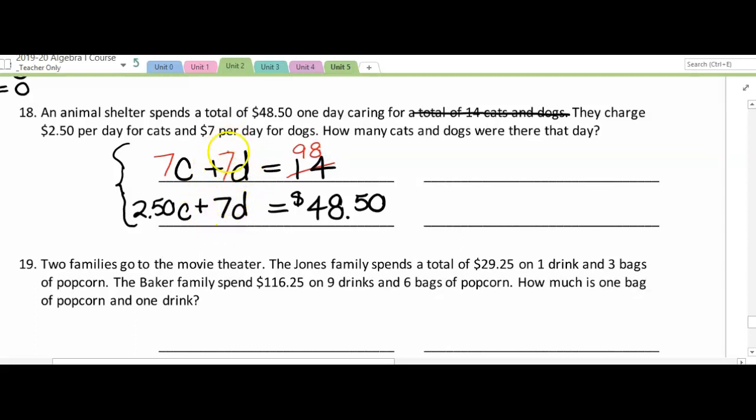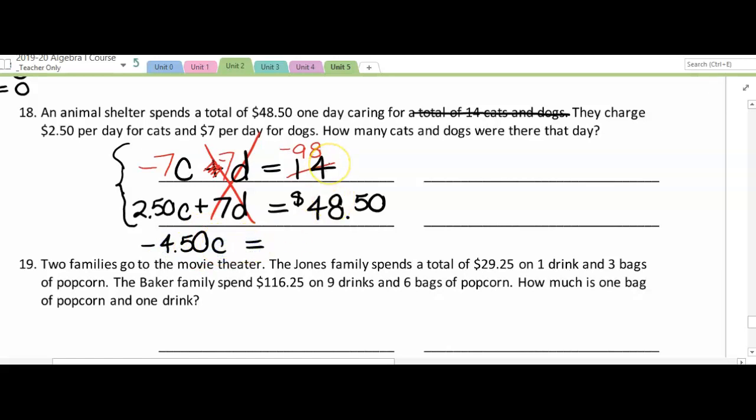I'm close, but I need them to be negative, so I'm going to also multiply by a -1. Now the d's will cancel. -7 plus 250 gives me -4.5 cats.